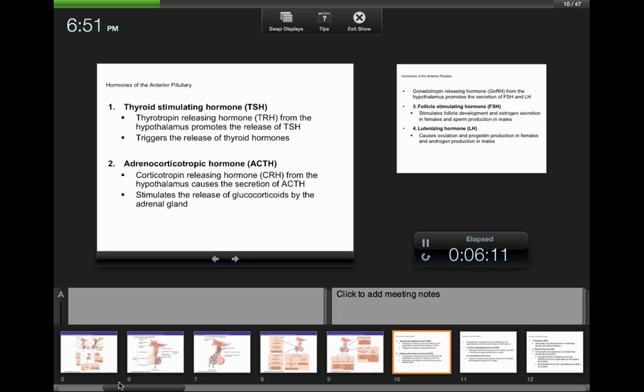That hormone then travels to the thyroid gland. Where the thyroid now releases T4, T3, triiodothyronine, and thyroxine.